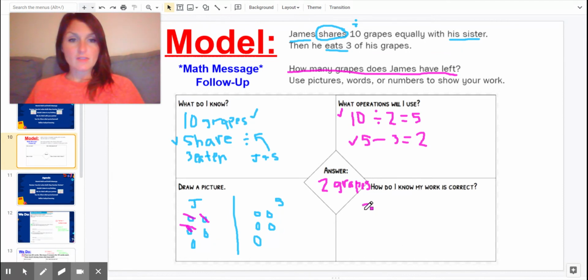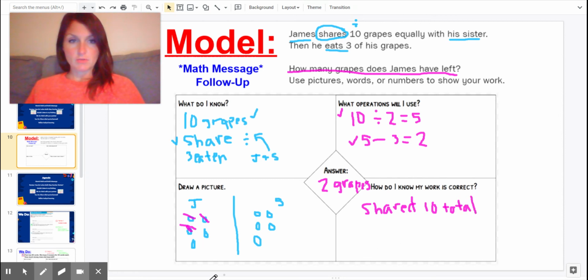So I'm going to say that the word share, so I shared the 10 total, because that's important for me to look back and see to make sure that I followed the right directions. It said to share, so that is what I did.